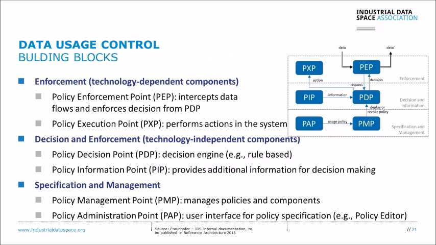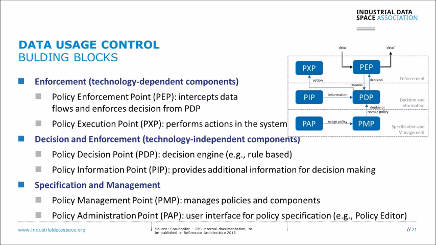We do this with a certain technology stack. The components are shown on the right side. Most of you will know those components because it's a standard architecture with a policy administration point where policies can be developed and provided, and the policy management point to manage those policies, to update policies and to see which policies are currently working.